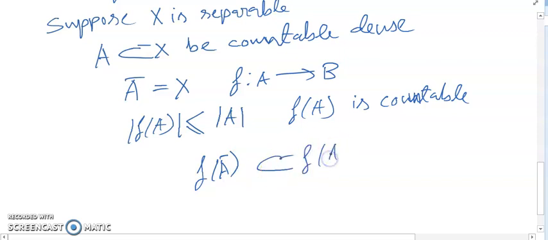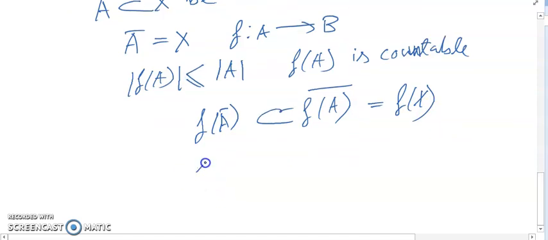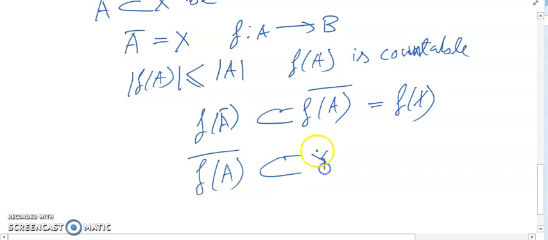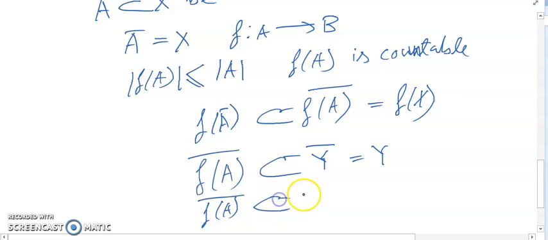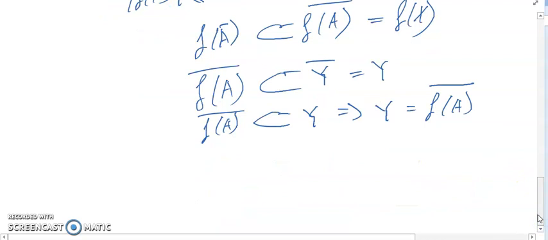So f(closure of A) is a subset of closure of f(A), and f(closure of A) equals f(X), which is Y. So closure of f(A) equals Y, which proves that Y is also separable.